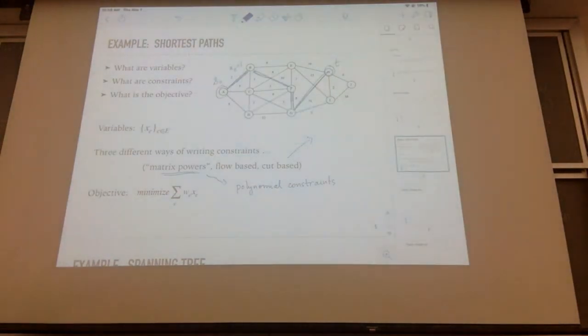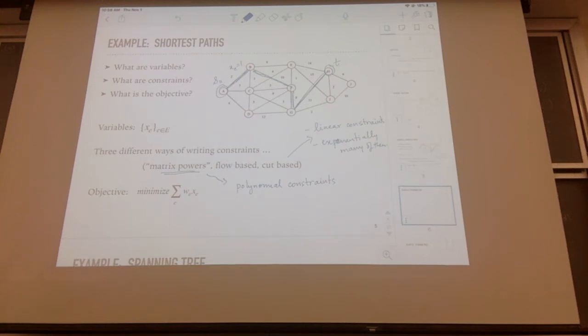And this resulted in a bunch of linear constraints, but we had exponentially many of them. So it's nice in that the constraints are all kind of clean, but there were exponentially many constraints. So that was the problem with that formulation.